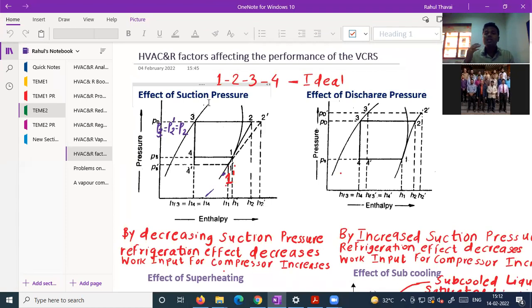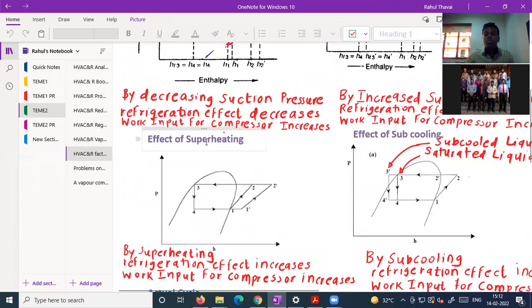If you increase the discharge pressure, COP also decreases. But if you superheat it or if you subcool it, its efficiency increases, COP increases. I'll just revise: decreasing suction pressure decreases COP, increasing discharge pressure decreases COP again, but superheating or subcooling increases your COP.